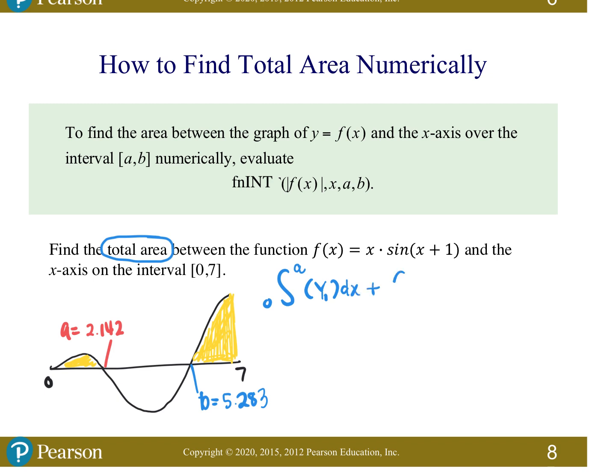And the next integral would start where? A to B, but what do I have to be special about that one? Absolute value of y1 dx. And then the last one would go starting where? B and ending at 7. And that would just be plain y1 dx.